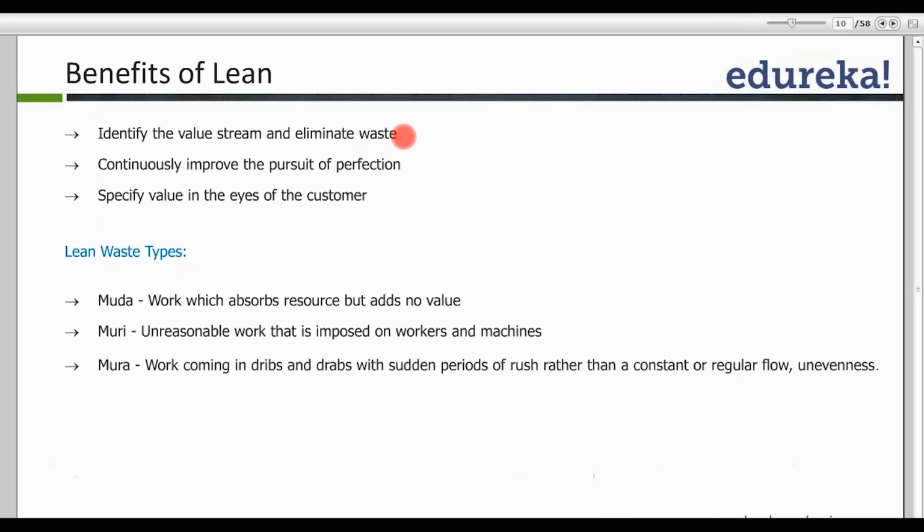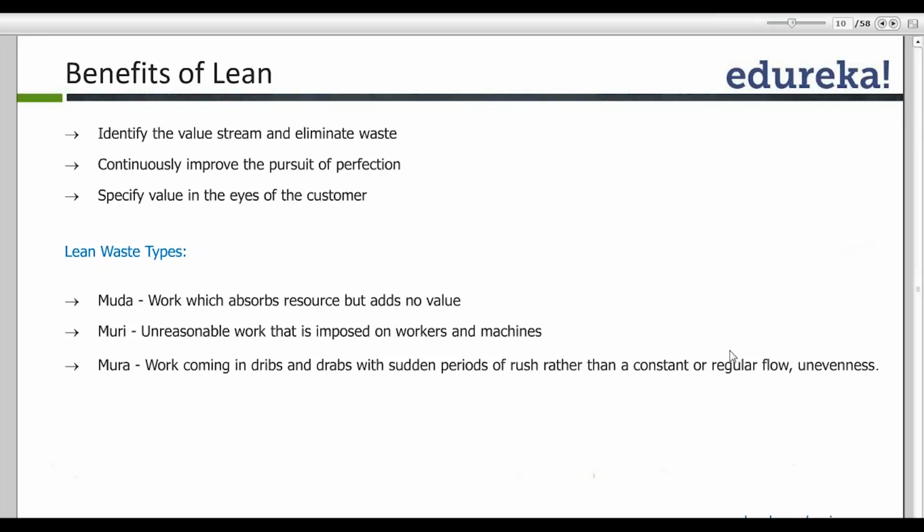It helps you to continuously improve the product, and it helps you to specify the value of the product in the eyes of the customer. So these are some of the advantages of lean.